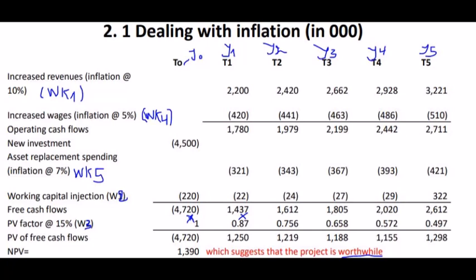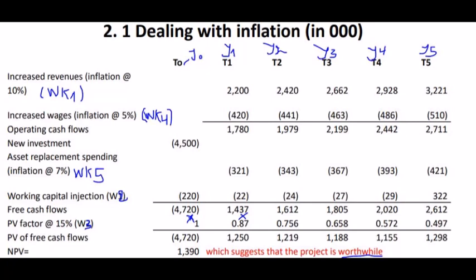And then we go about the working capital. Working capital is like an additional investment. From working 2, we have said in year 0 it is 220, and you continue until year 4. And this working capital will be back in year 5.